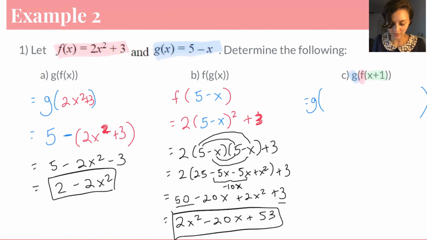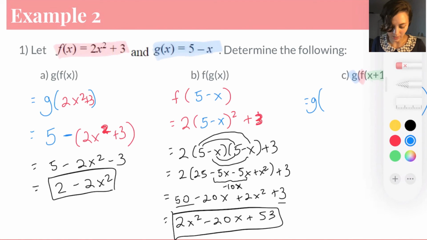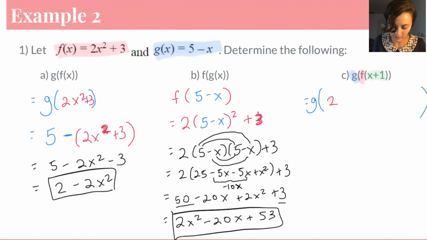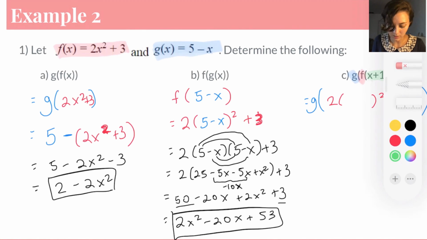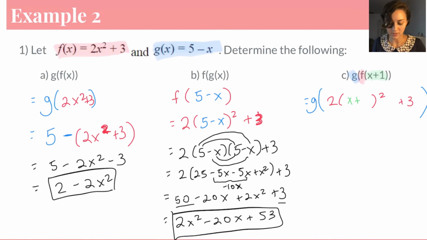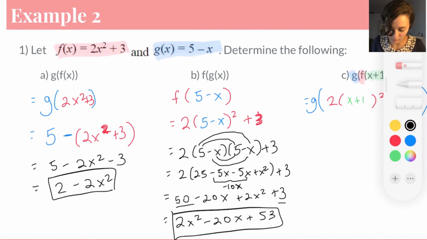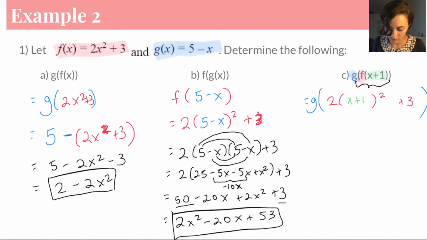So f, I'll do in red, is my 2x squared plus 3. But instead of x, I have the function x plus 1. Okay, so far what I did is I took this part right here, the f of x plus 1 is right here. And I just left the g by itself. So I found f of x plus 1.